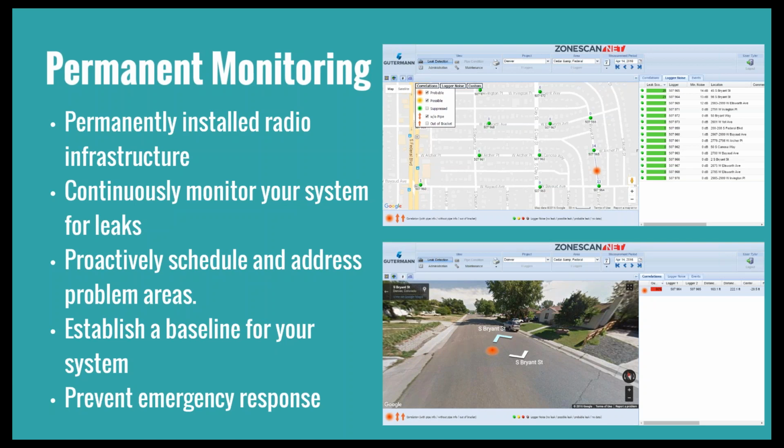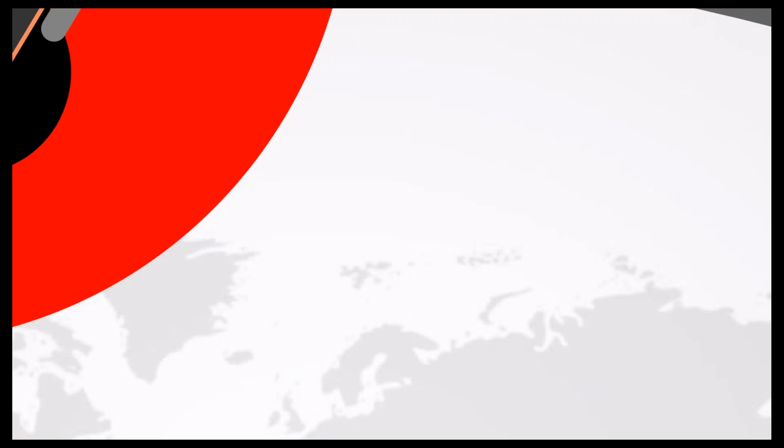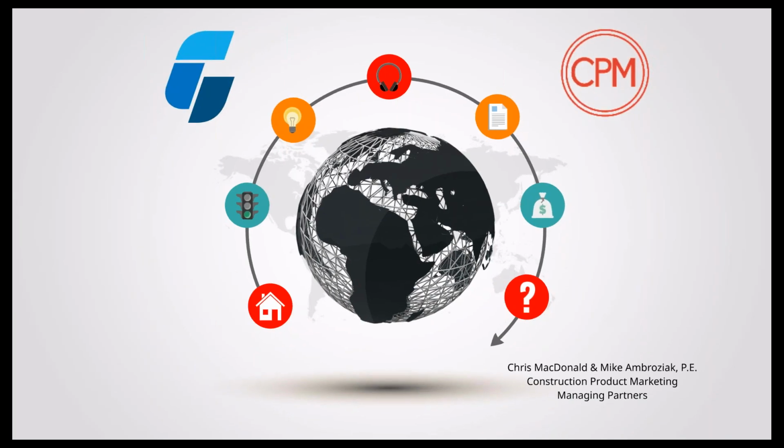It'll listen every night for you. It'll send out alerts if it does hear a leak. And for areas of town that are high profile, doing a permanent system is available and really advisable to minimize catastrophic failures.